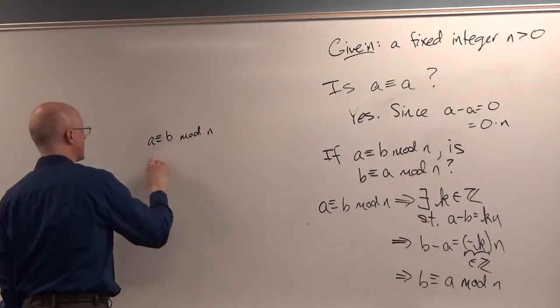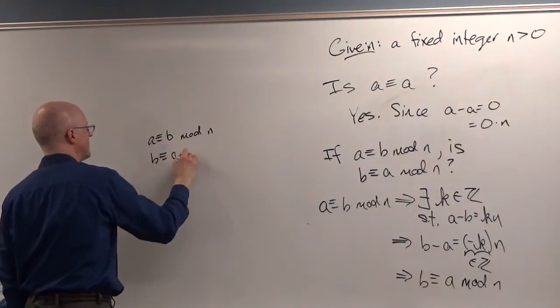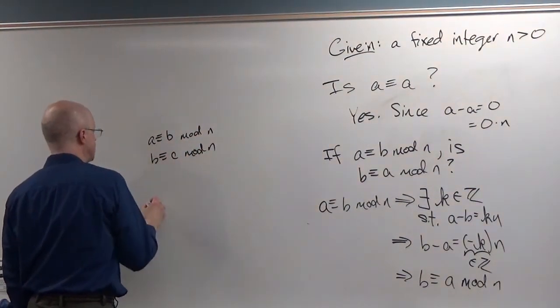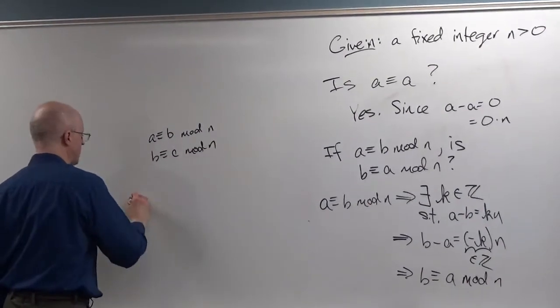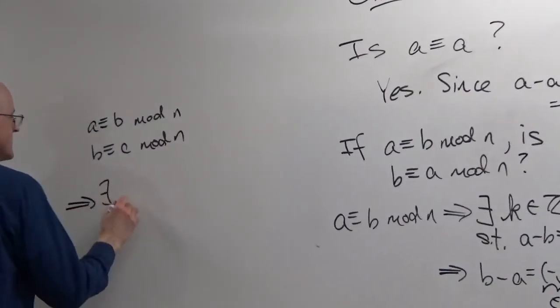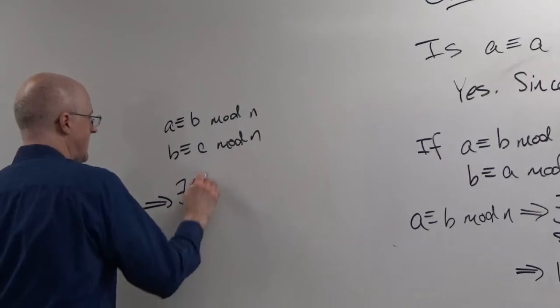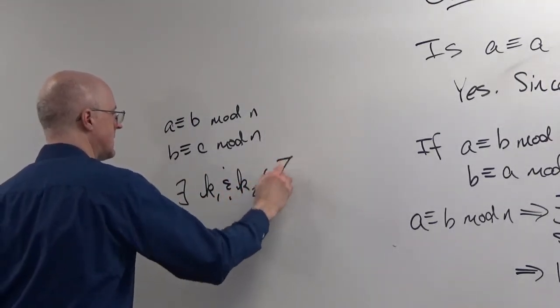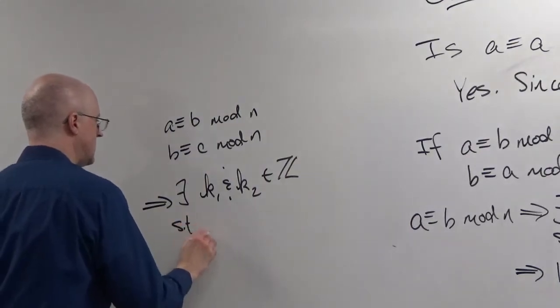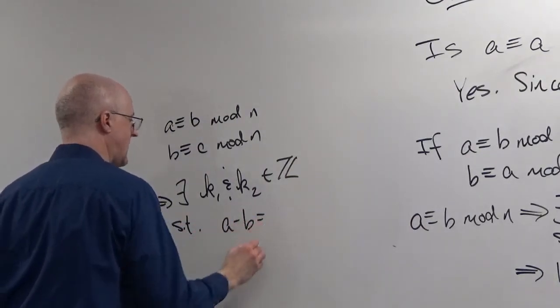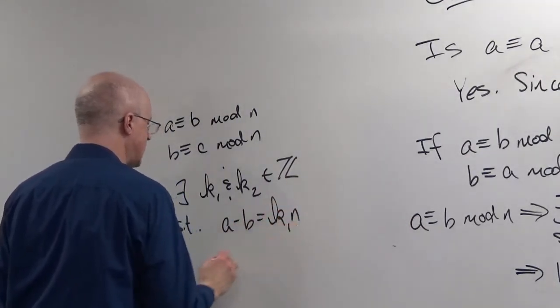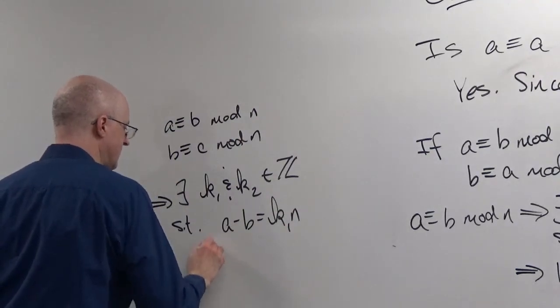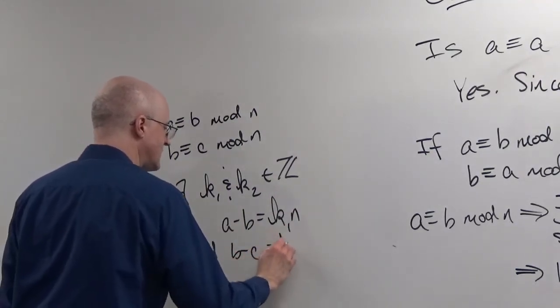But let me just write down some equations to help you believe it. These two facts, if I assume those are true, will imply there exist two integers, call them k1 and k2, such that a minus b is k1 times n, and b minus c is k2 times n.